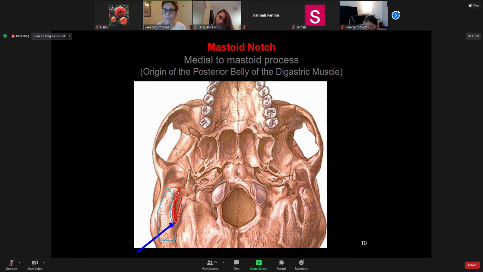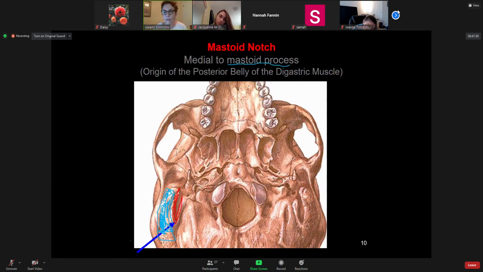We actually saw the mastoid process on particular types of radiographic images that we were looking at in lab on Friday. And I could tell it was a mastoid process because I could see it was perforated with a lot of holes, a lot of sinus cavities in there.